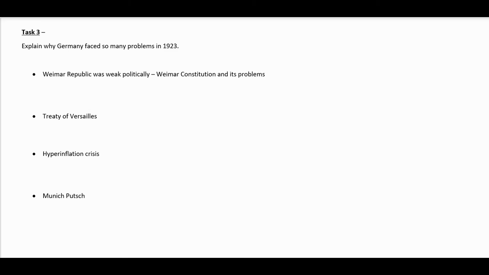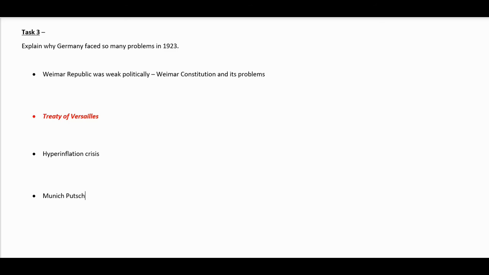So, in my opinion, the thing that was really at the center of the problems in 1923 was the Treaty of Versailles. I think we could argue that the Treaty of Versailles was probably at the center of the problems that the Weimar Republic was facing. However, the hyperinflation crisis had causes that weren't entirely created by the Treaty of Versailles.